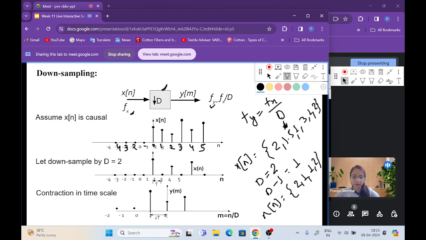While downsampling, is there any difference in the time scale? Yes, there is a time contraction in the time scale by a factor of n by D, where n is the time index and D is the decimation or downsampling factor.